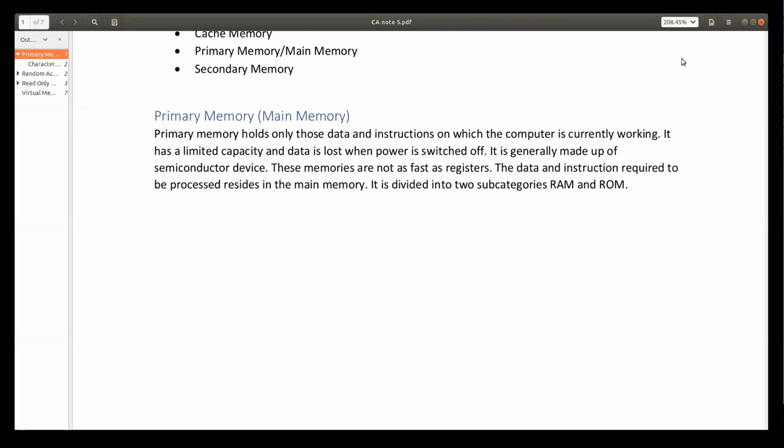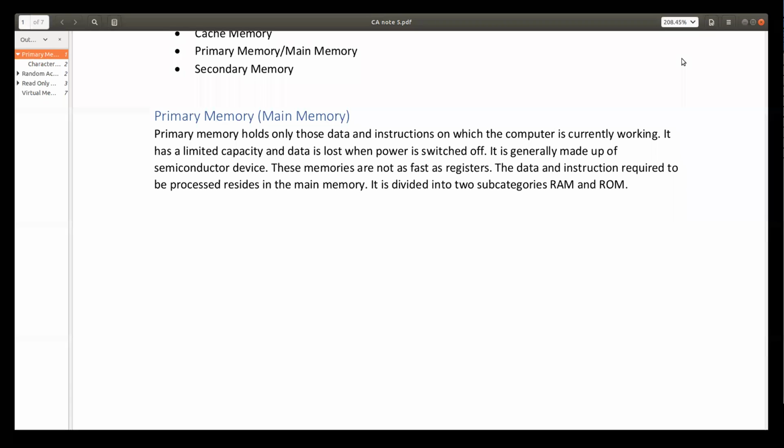As I told you, RAM is a primary memory, and RAM holds data and instructions until your computer system is switched on and running.